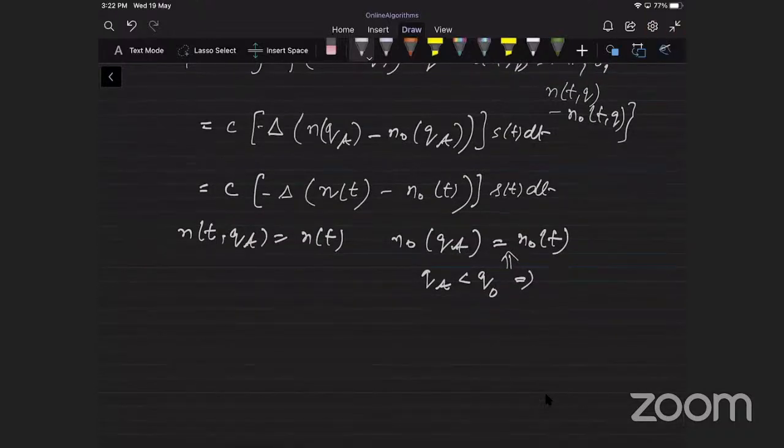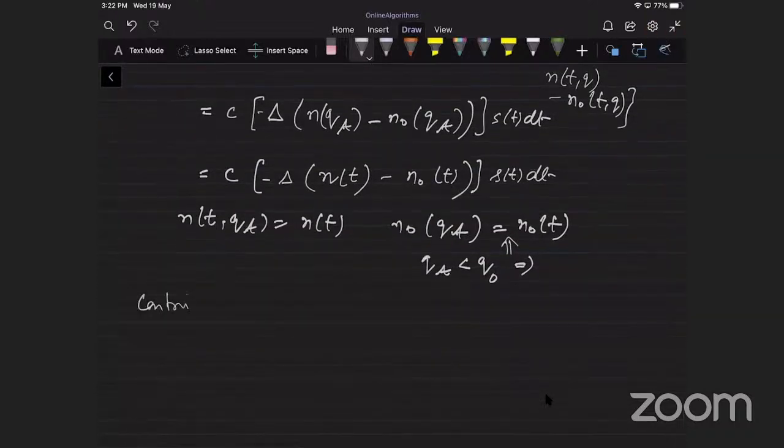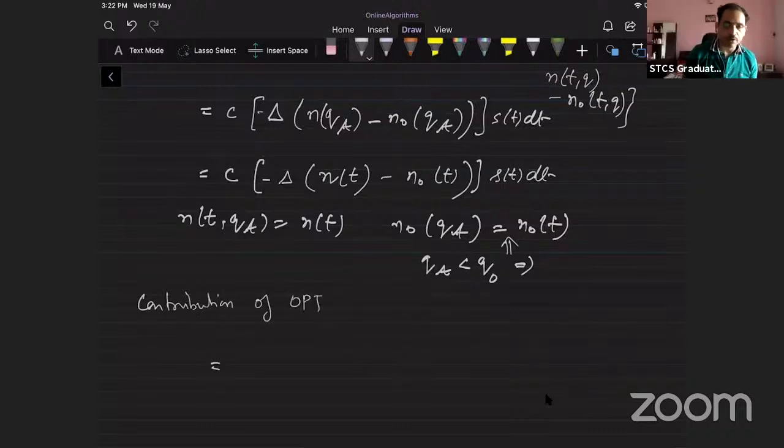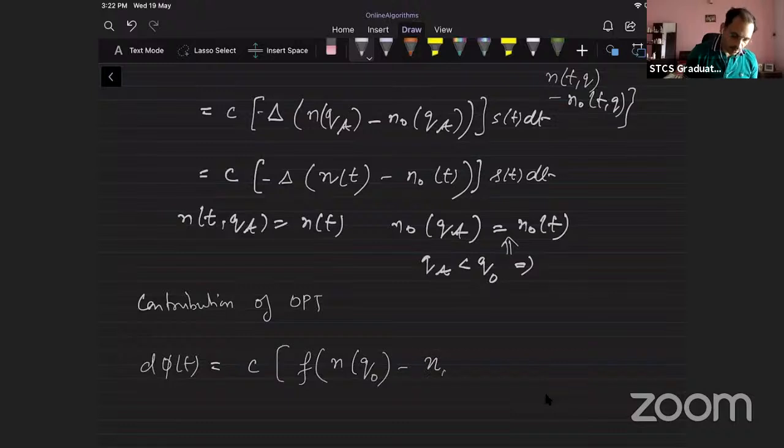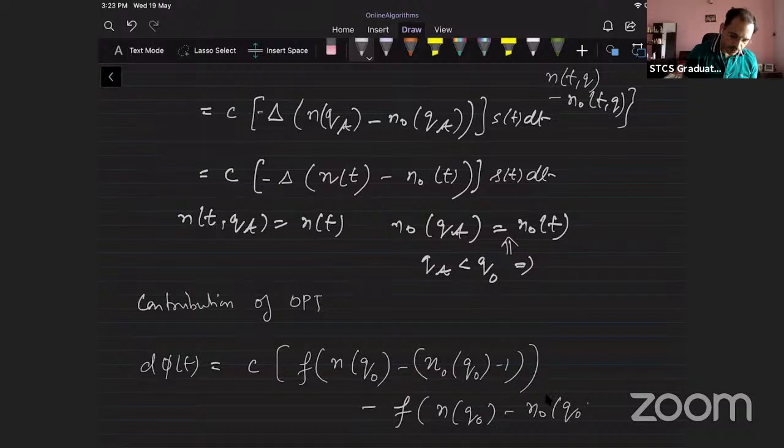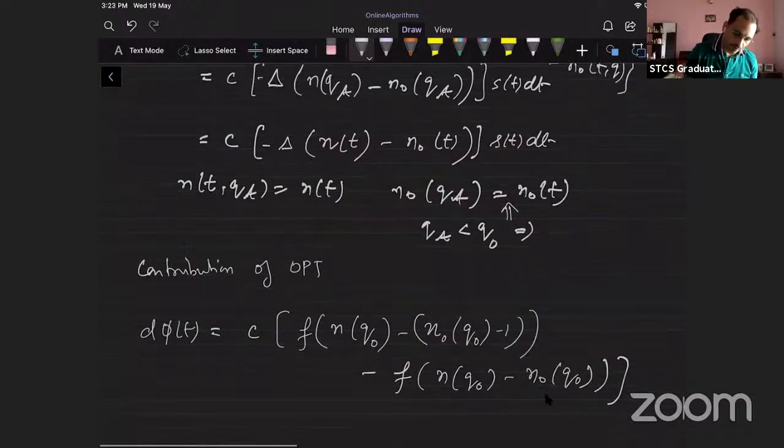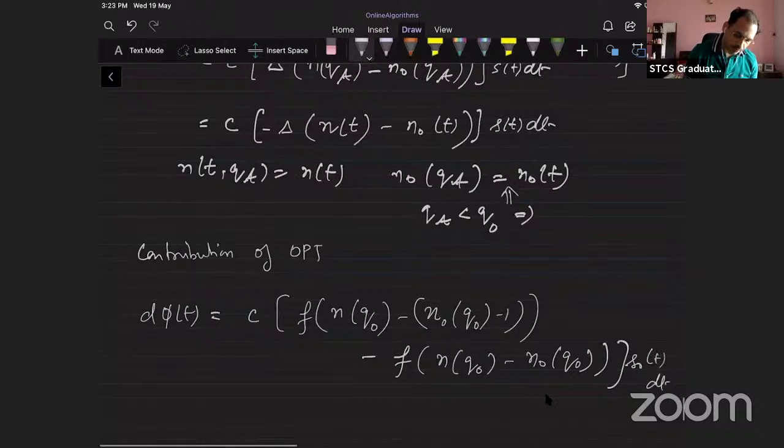Yes. So now we're going to count the contribution of OPT. It's very similar to before, except with a positive sign now. So d phi of t will be C times f of n of Q0 minus n0 of Q0 plus 1, minus f of n of Q0 minus n0 of Q0, times S0(t) dt.